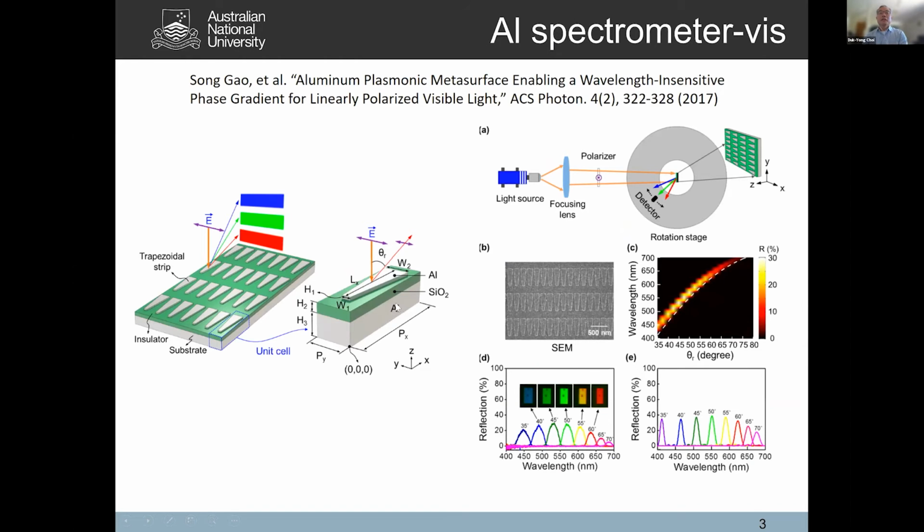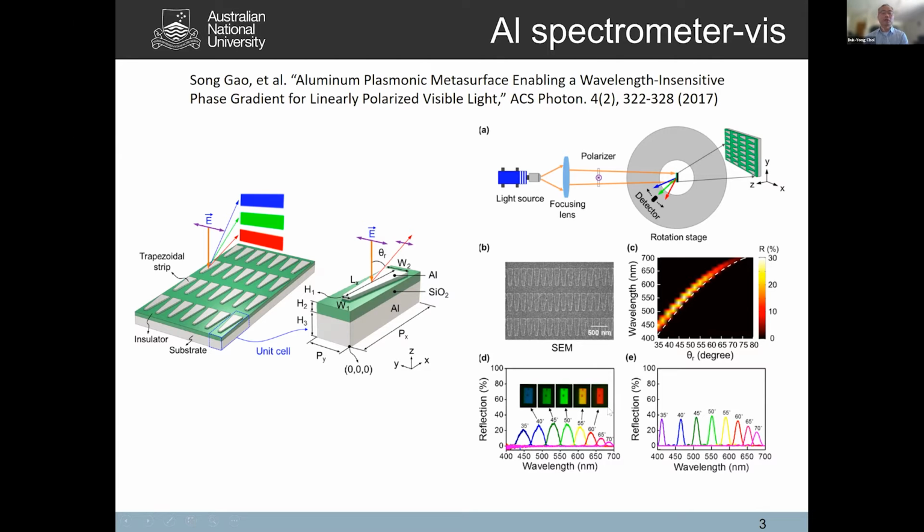Okay, so an aluminum nanopattern was used as a spectrometer in the visible range. The structure is a bottom aluminum reflector with a top trapezoidal aluminum and a silicon dioxide interlayer. Due to the gap plasmon and the diffraction angle's dependence on wavelength, the diffracted light comes out at different angles at different wavelengths.